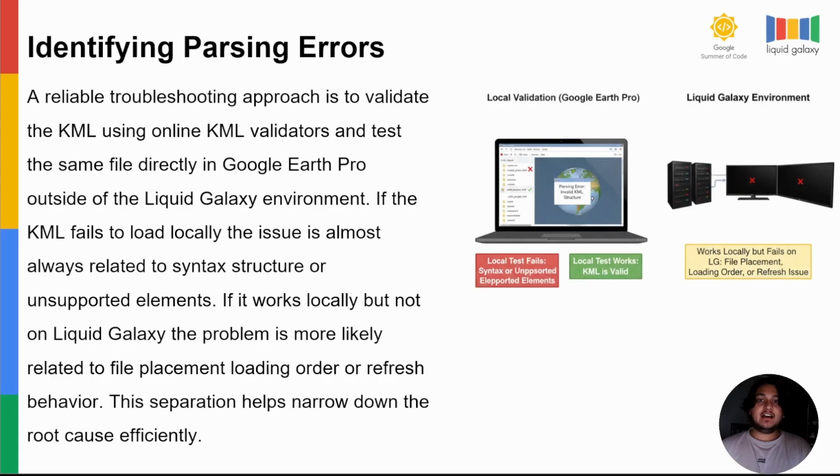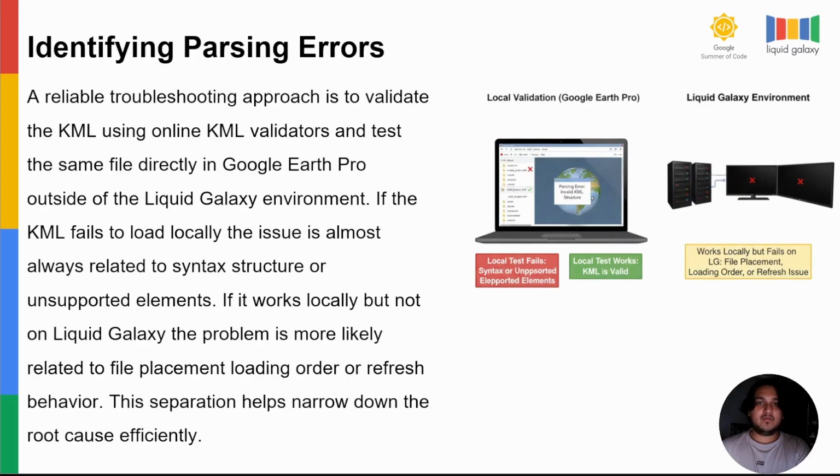Now that we understand how silent failures happen, the next important question is how do we reliably identify parsing errors? A very effective troubleshooting approach is to validate KML files outside the Liquid Galaxy environment. First step is to use online KML validators. These tools quickly check whether the file follows the correct XML syntax, whether all tags are properly closed, and whether the namespace attribute is valid.